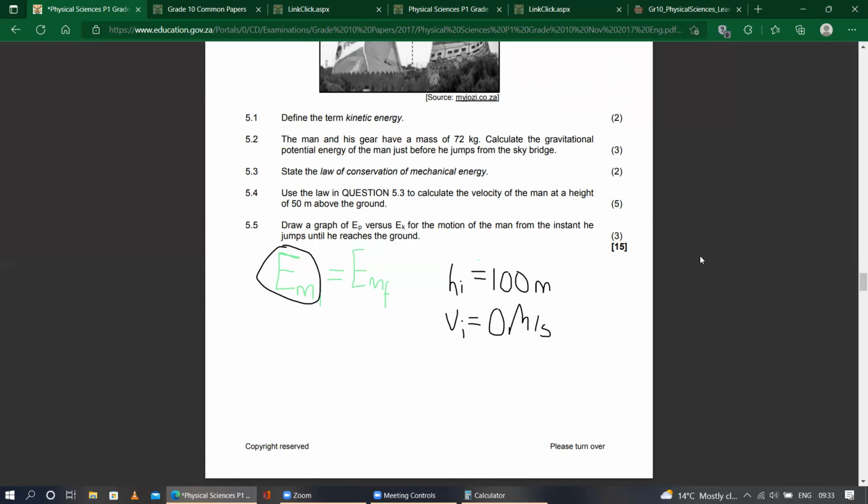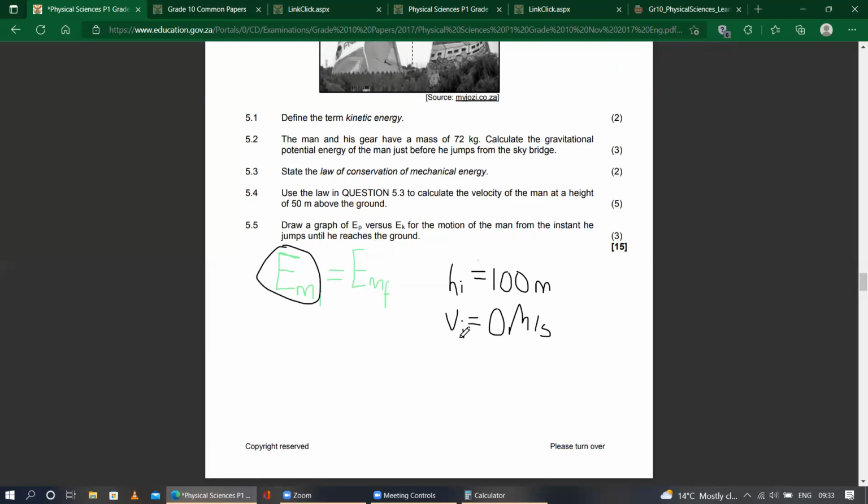The formula here is EM initial equals EM final. How do I punch the variables into that equation? That's why I'm going to expand it for you.